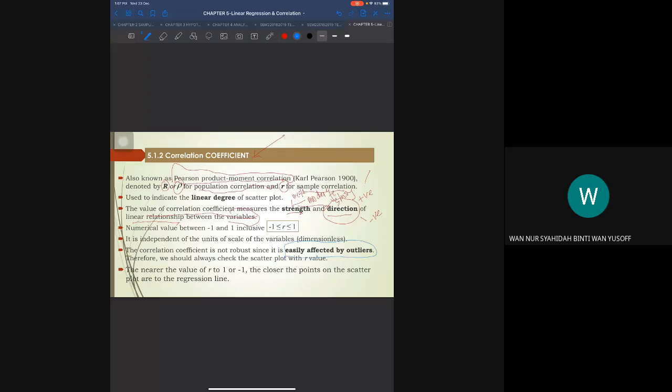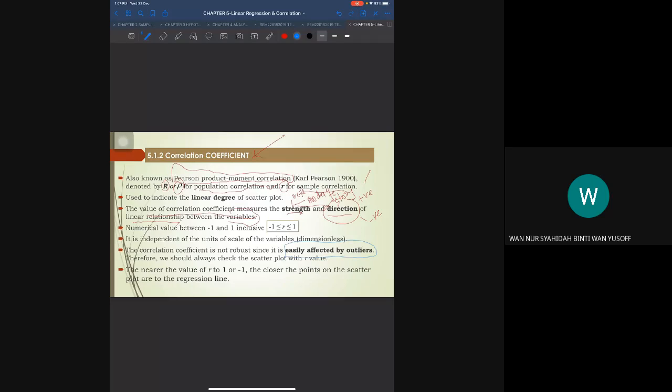Okay, so why is it affected by the outlier? It is related to what we discussed in chapter 1. When we have an outlier, it will influence the sum of the data.